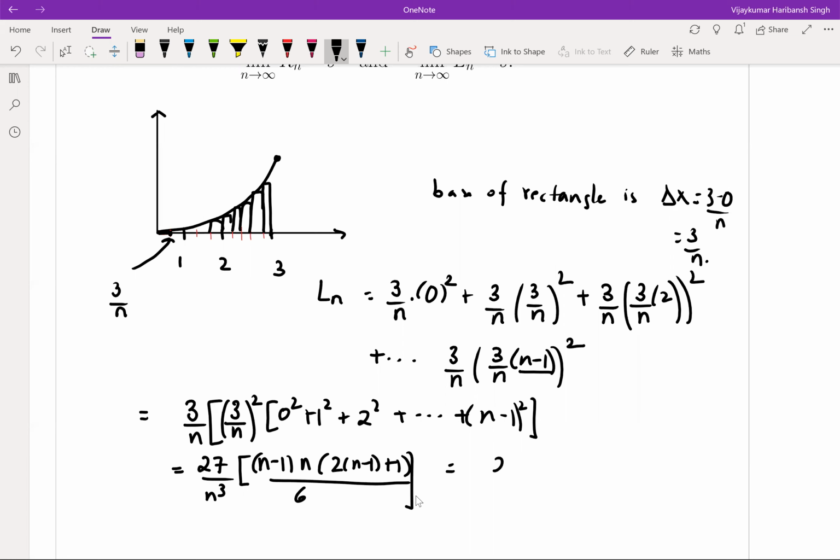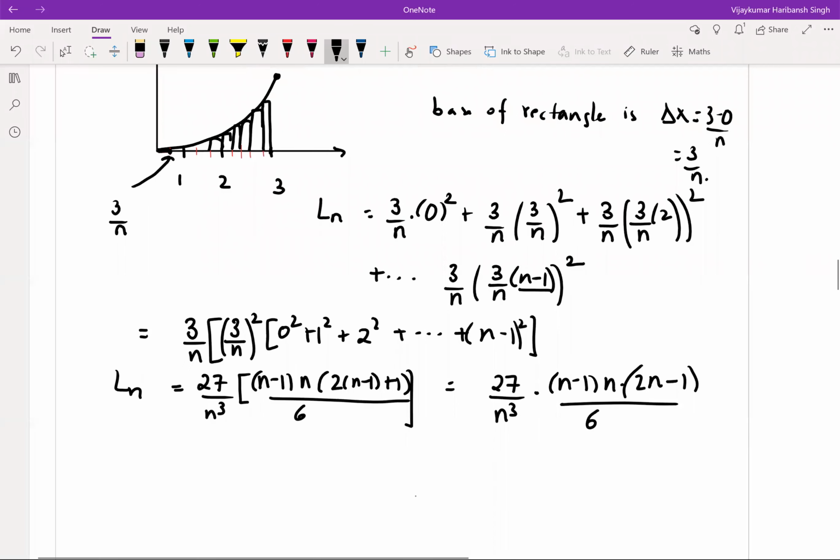So this is going to be 27 by n cubed times n minus 1 times n times 2n minus 1 divided by 6. So this is your area when you take the left hand points for the height. It's an underestimate, but still, let's see what we get.